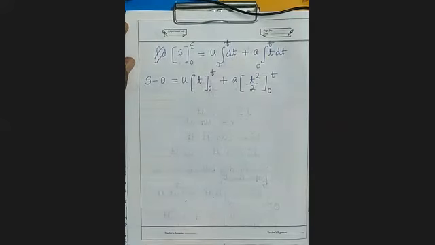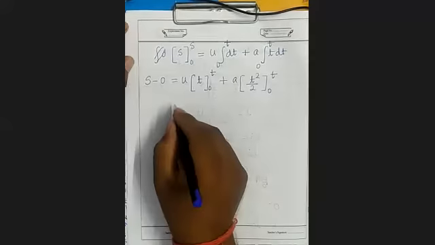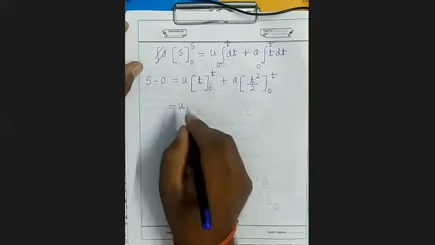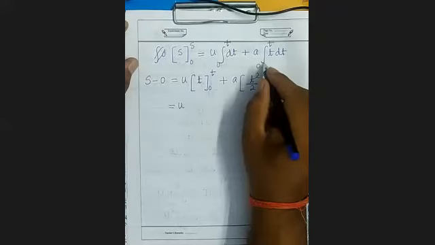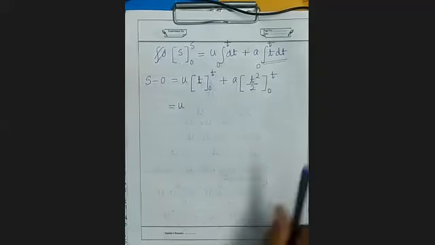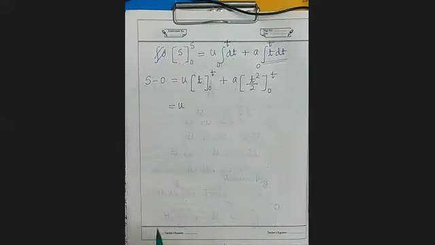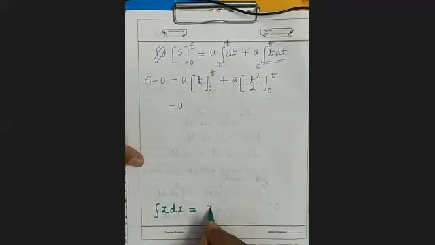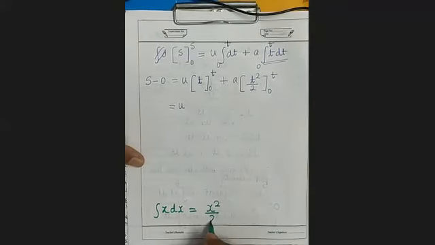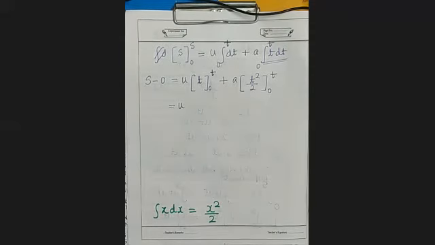It's clear. So you can see u, its value at the upper limit, because why you have written this? Because there is one formula, integral x dx. All of you watch the video of integration. Integral x dx equals to x square upon 2.